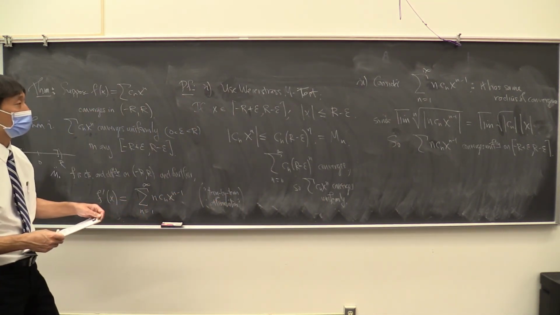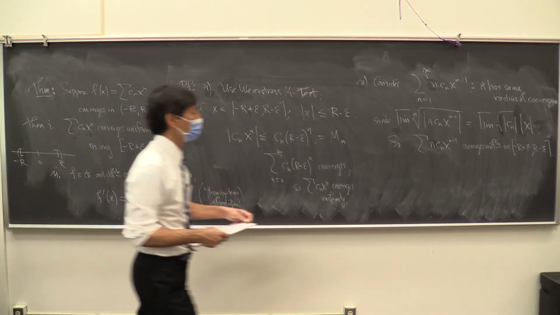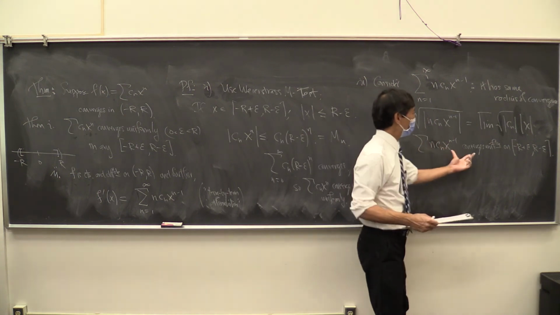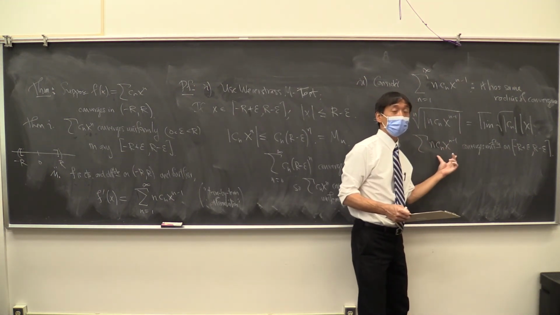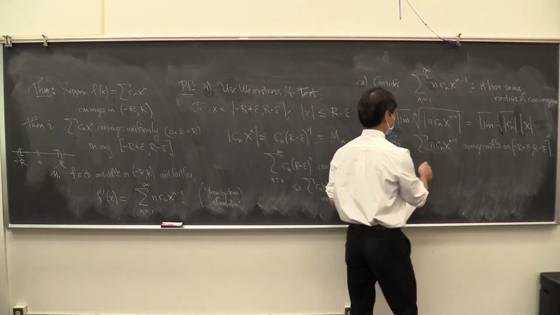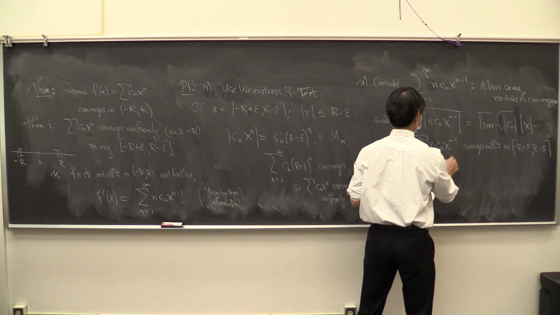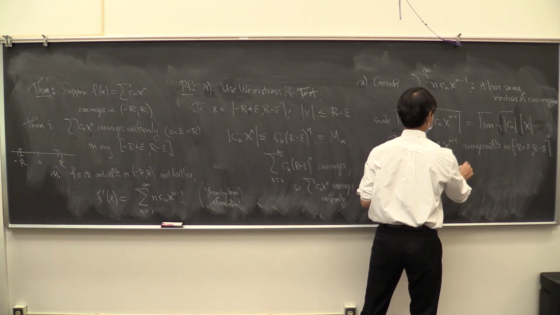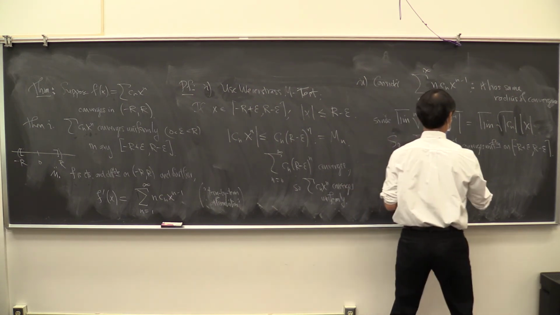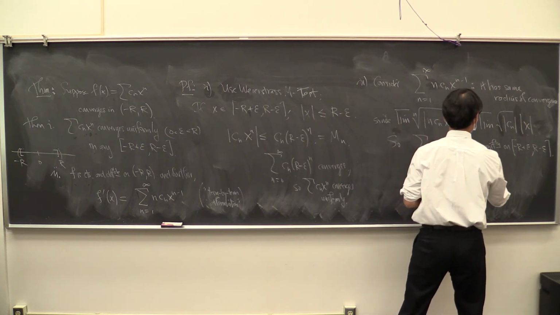Now, remember, we had this, and what that means, of course, is that the sequence of partial sums converges uniformly. The sequence of partial sums, we call them sigma sub capital N, the summation from n from 1 to capital N. This thing converges uniformly.